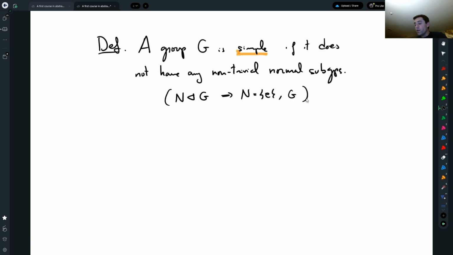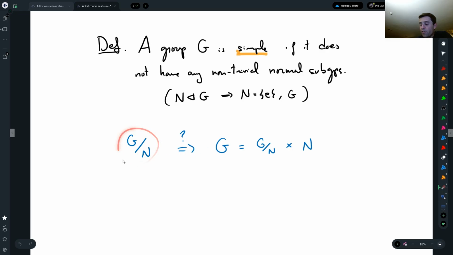So why this definition? This definition comes about because whenever I have a normal subgroup, I can do a quotient, and that means that it is possible that G comes about as this quotient group direct product with N, or something of the sort. There might be other types of constructions, where G itself comes from smaller subgroups as a direct product or a semi-direct product.